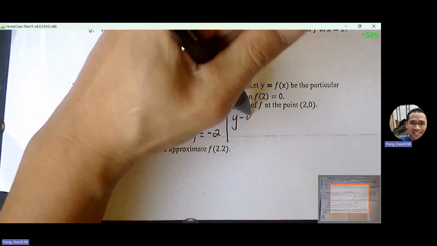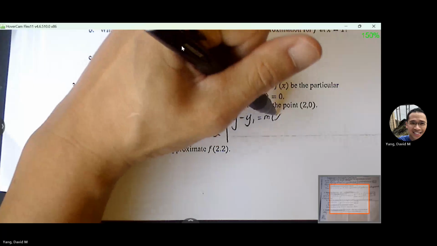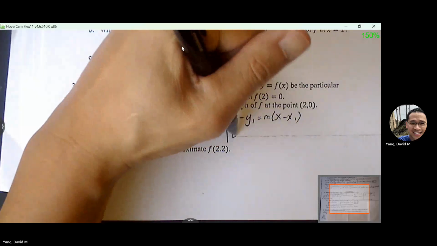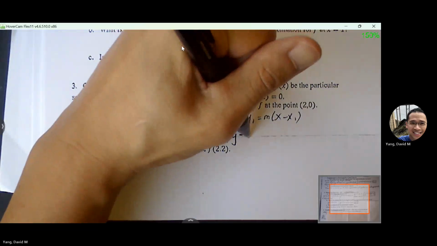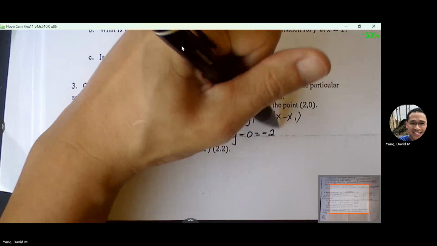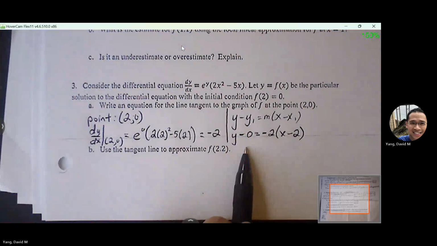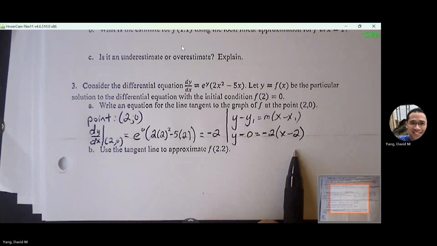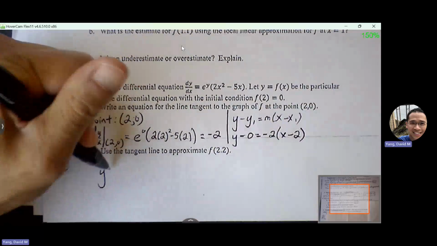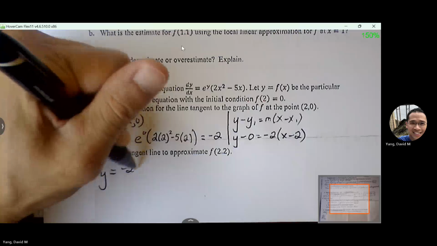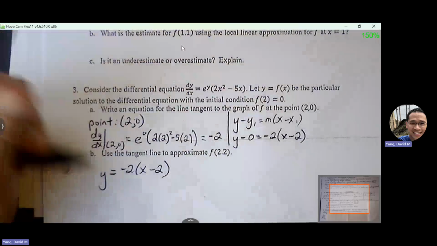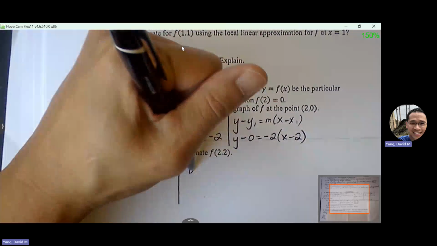Let's do point slope form. Okay, good so far. All right, solve for y. Then final step, put in that decimal value.